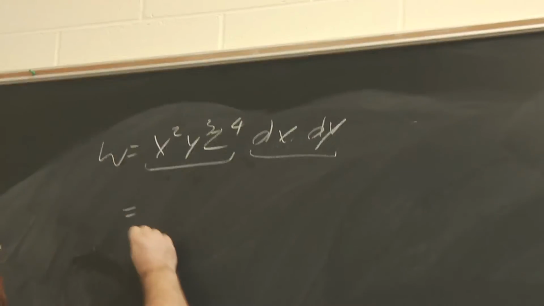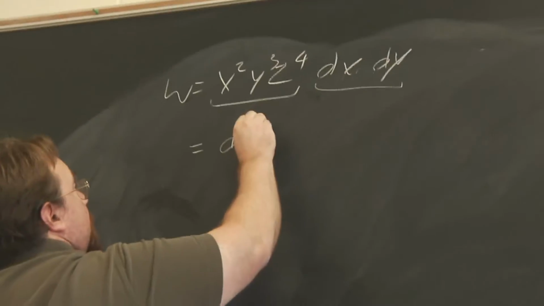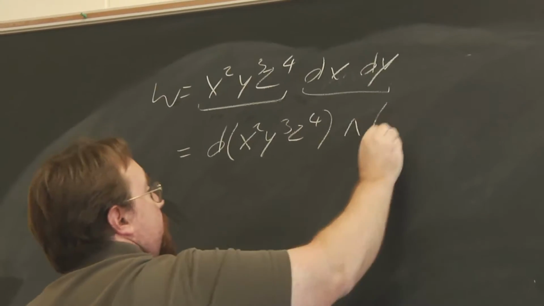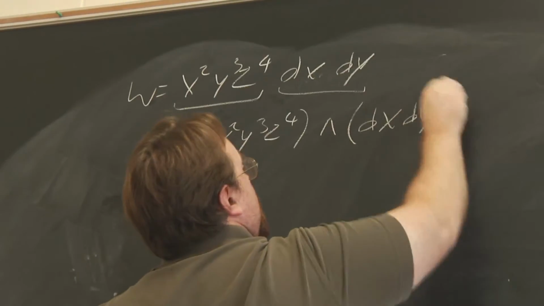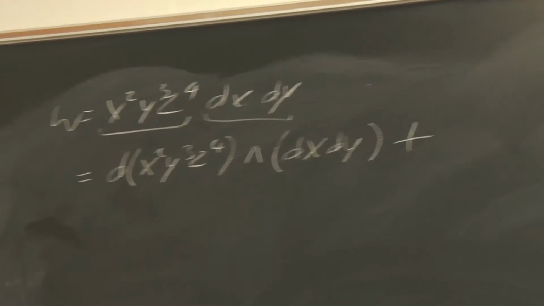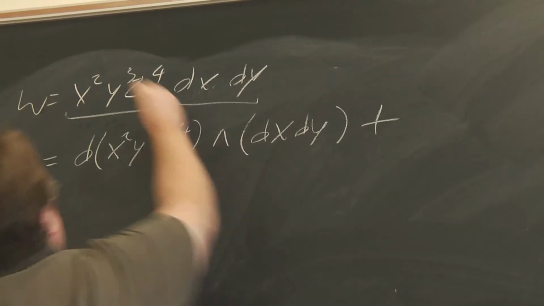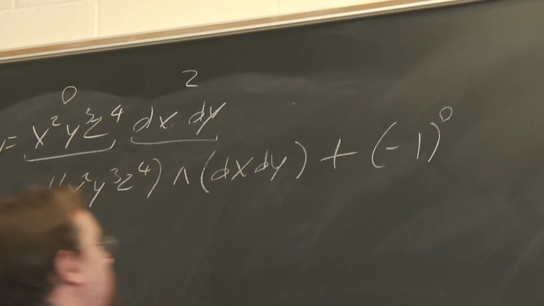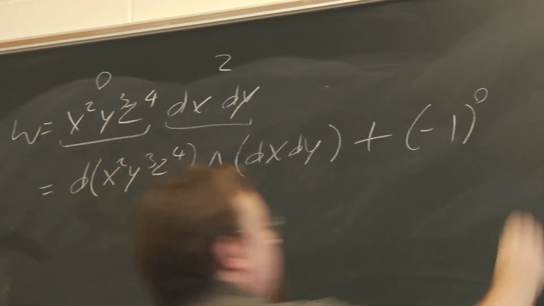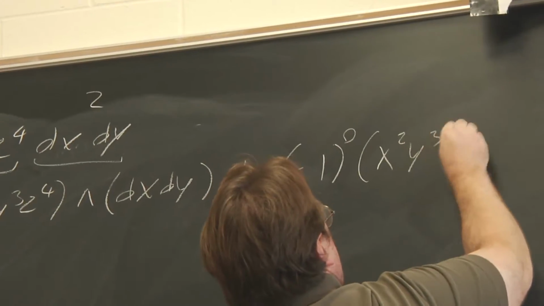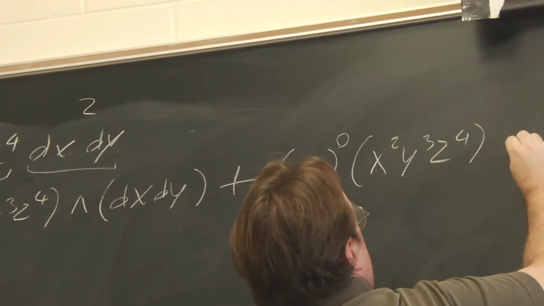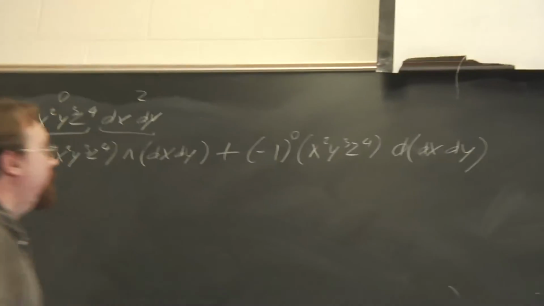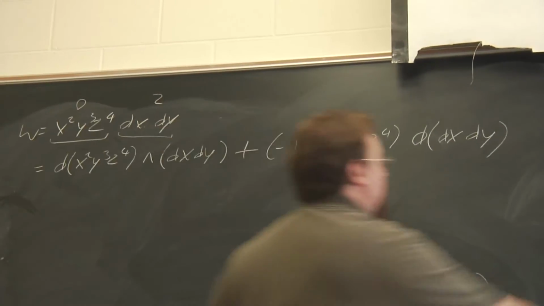So we're going to have the derivative of x squared y cubed z to the 4th, wedge product with dx dy, plus, this is a 0 form, this is a 2 form, so we have minus 1 to the 0, so no sign change in this case, x squared y cubed z to the 4th times the derivative of dx dy. So that's how we start off. This is the product rule.